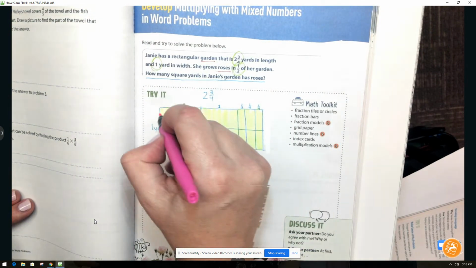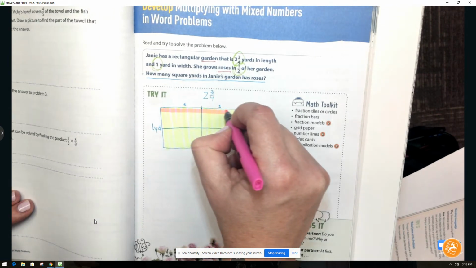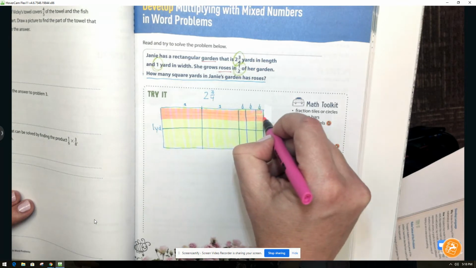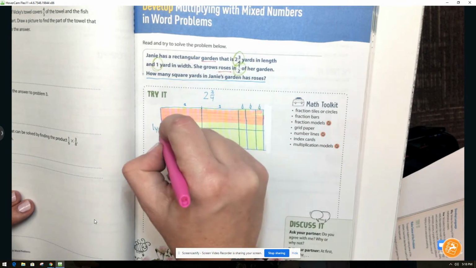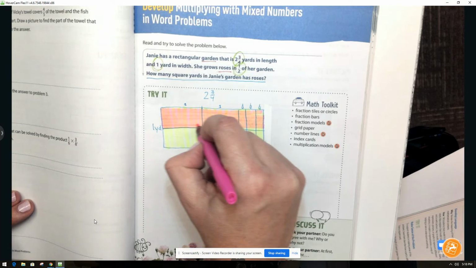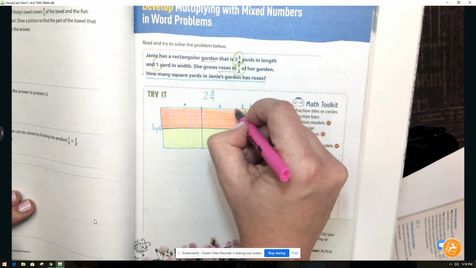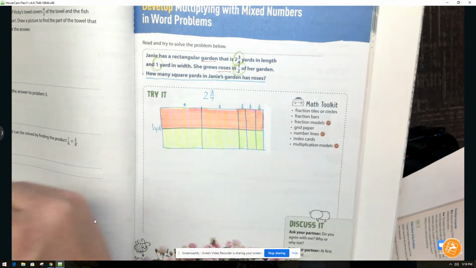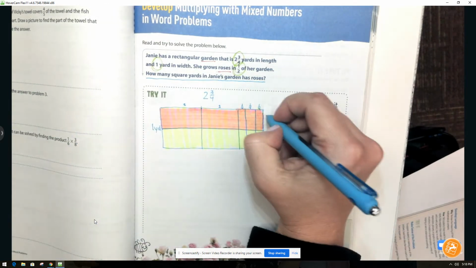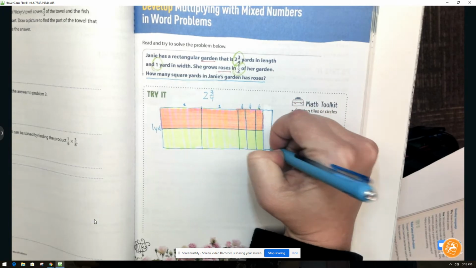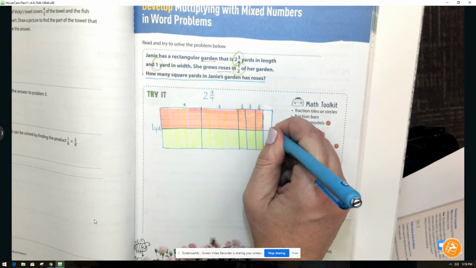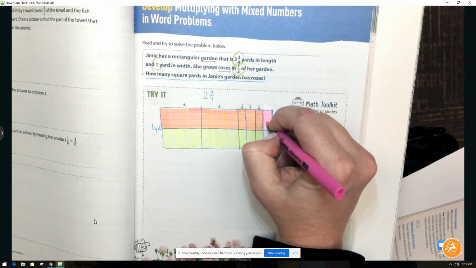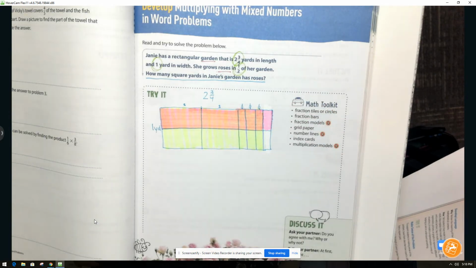And then we've got half of the garden that is covered. I am going to leave, sorry guys, I keep throwing you off, but I am going to leave that section there because although it's not part of the garden, it does affect our fractions. So we're going to talk about that in a minute.